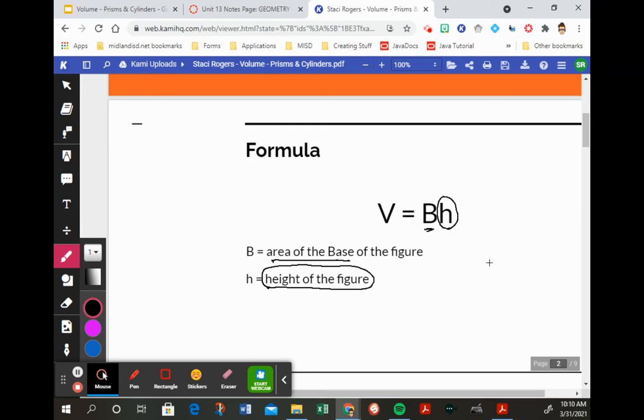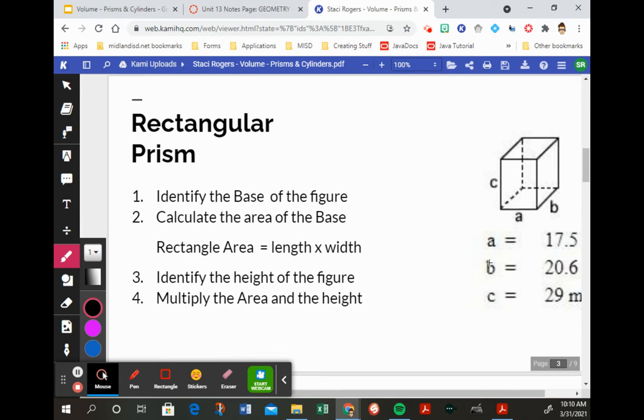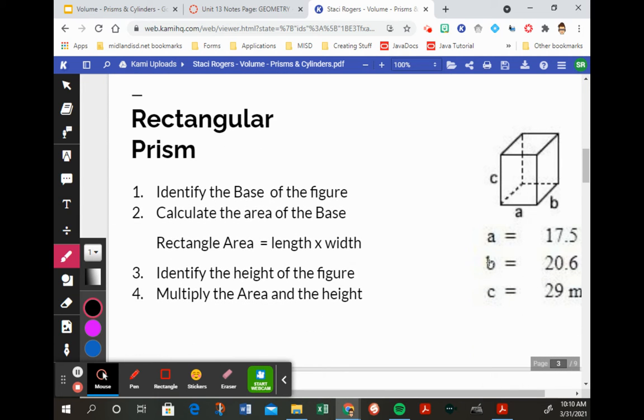So let's go on to the first one, a rectangular prism. Notice I've got an example over here. First thing we're going to do, and we're going to do this for all of them, prisms and cylinders: in general, identify the base.